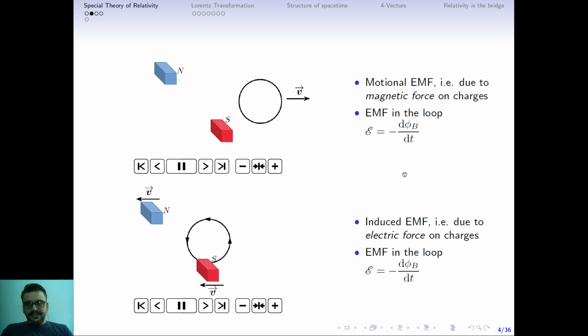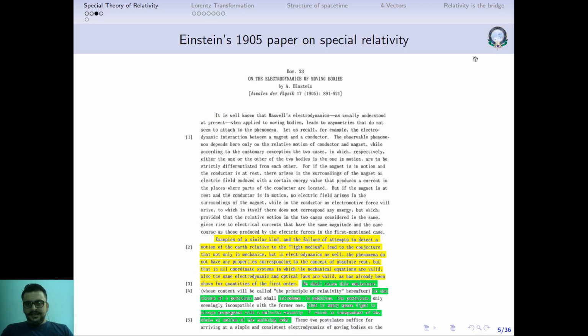This was the starting point of his 1905 paper on special relativity. I need not stress how important this paper is in radically changing our view of the world. This is the first page of that paper. I have provided the link to this paper in my references.